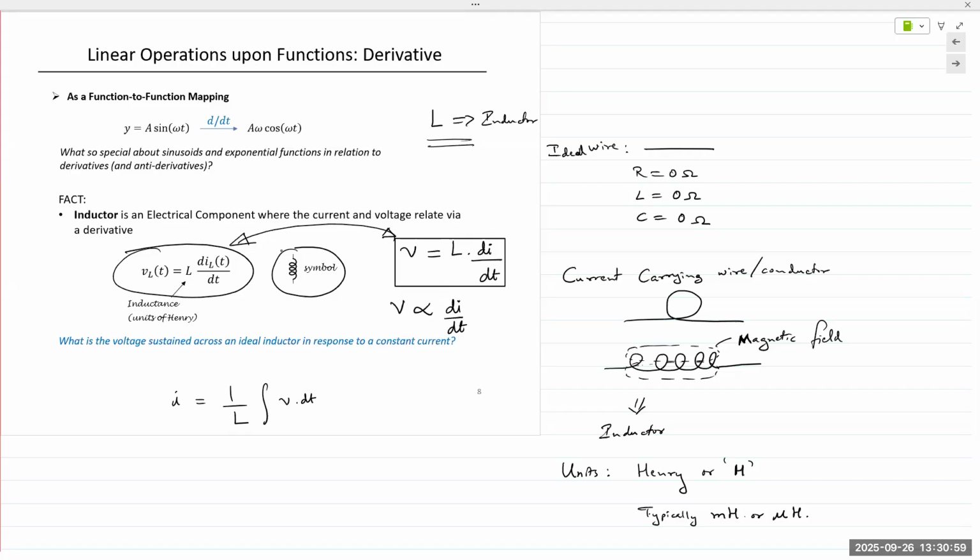And if you wish to find the current from the voltage, we integrate the voltage over a certain time period, so 0 to t.